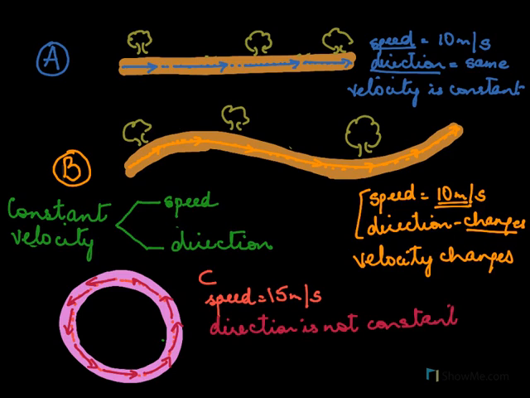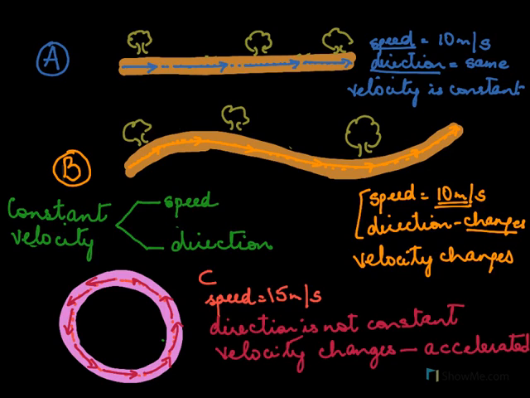So is the body having constant velocity? Definitely our answer will be no. This body has changing velocity, or not a constant velocity. So velocity changes, and if the velocity changes, the body is said to be accelerated. Changing velocity means an accelerated body.